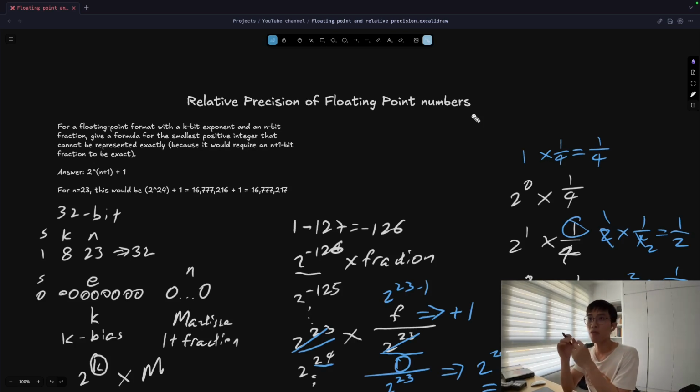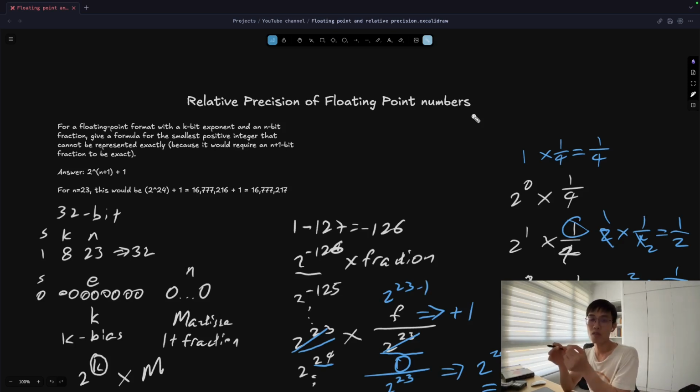But floating point is unique in that the precision, and I do note here that I'm talking about normalized floating point numbers only, scales with the value of the number.